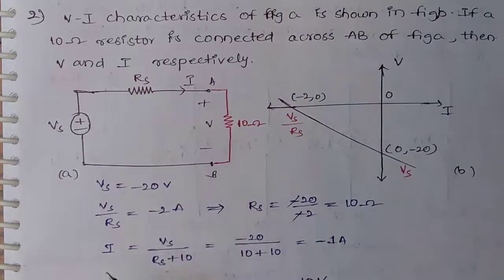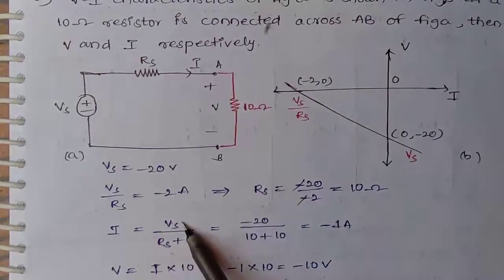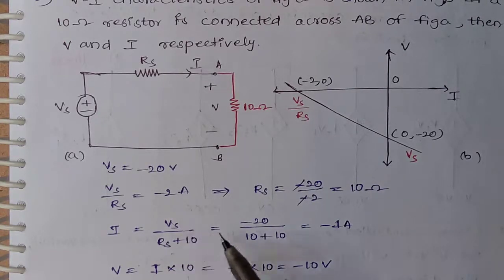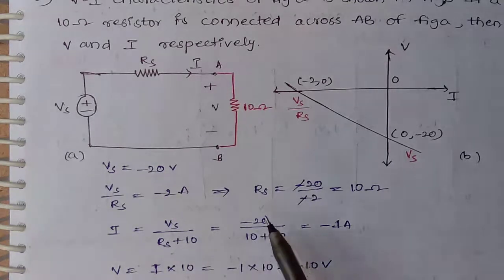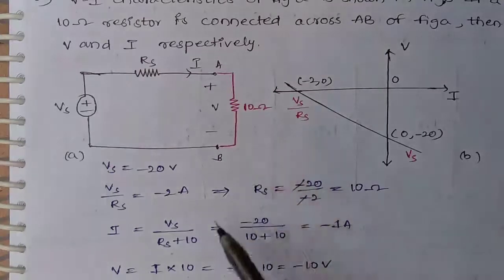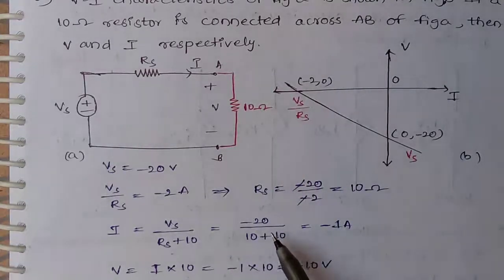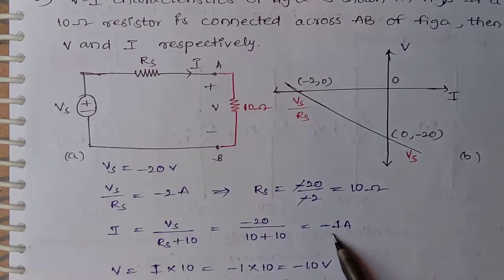That will become I is equal to Vs divided by Rs plus 10. Vs is -20 volts, divided by Rs, which is 10 ohms, plus this 10 ohm resistor. So -20 divided by 20 will become -1 ampere.